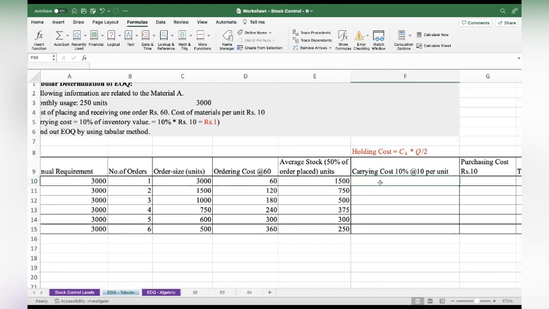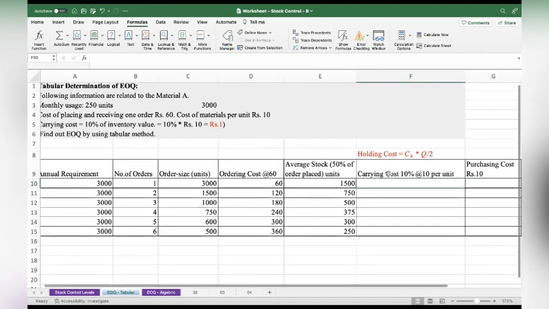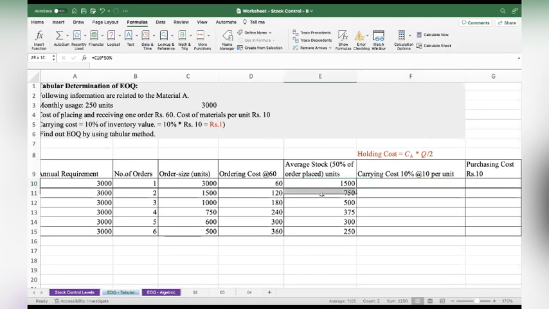We need to find the carrying cost. They say carrying cost is 10% at 10 per unit. Now we are finding this average stock. Why do we find this average stock? To help in computation of the carrying cost.